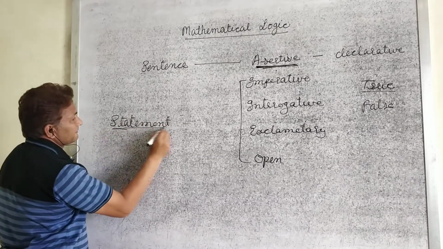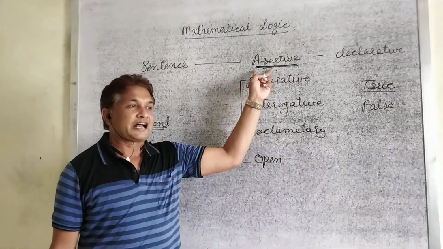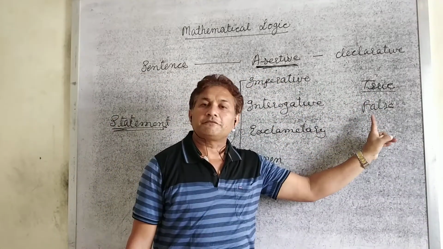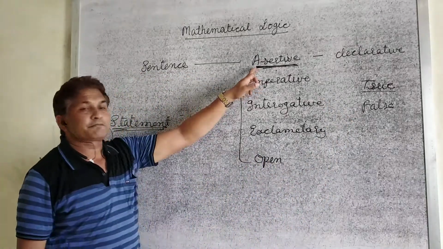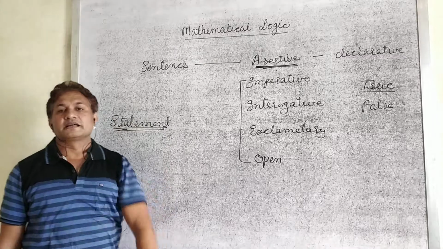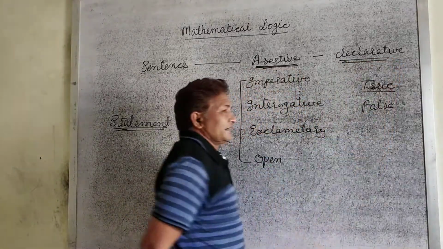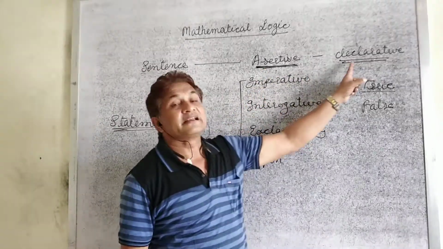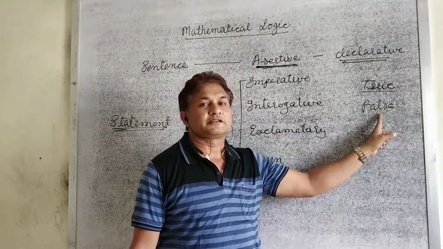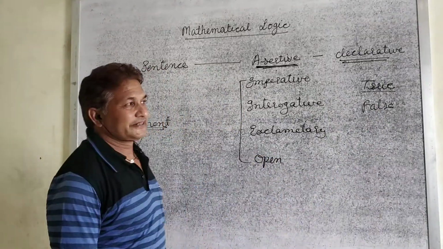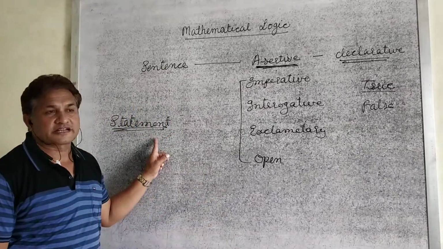So hence the definition of a statement is an assertive sentence having either a true or false value but not both simultaneously. In place of assertive we can write a declarative sentence. So this is the definition of a statement.